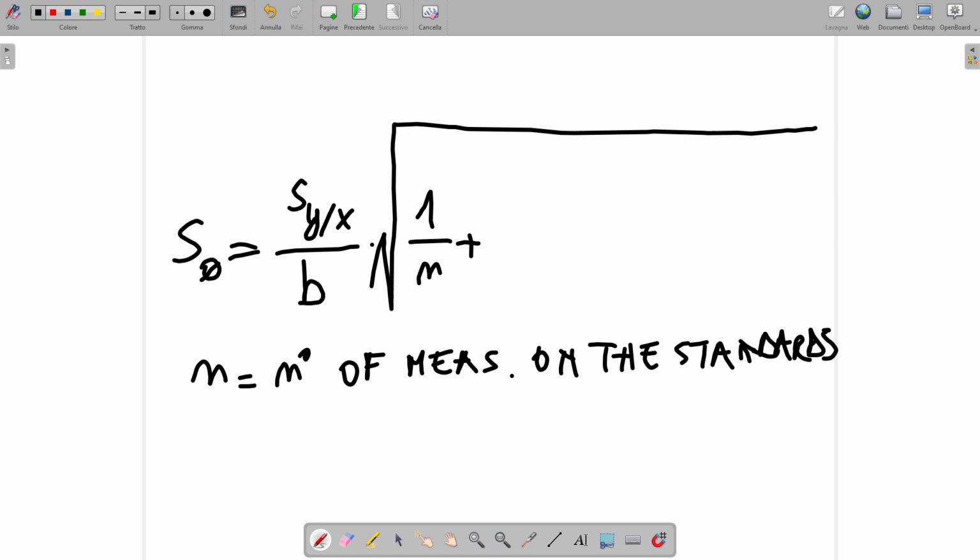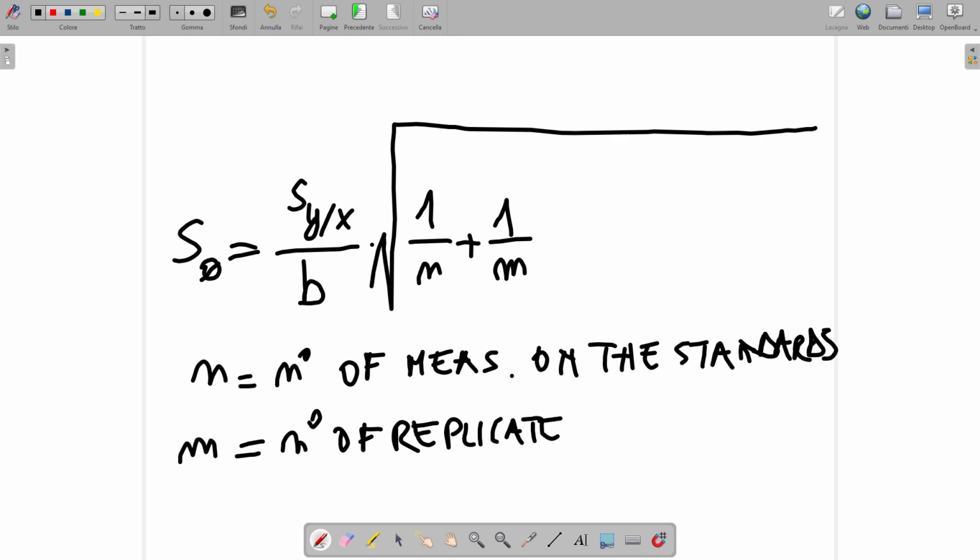Then we have 1 over m. M is the number of replicates, the number of measurements on the unknown sample.